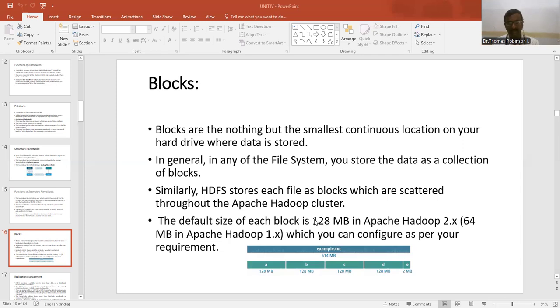For example, if it is 1 TB, it is divided into blocks of 128 MB like that. This is the major part: basically we have to make the block 128 MB.